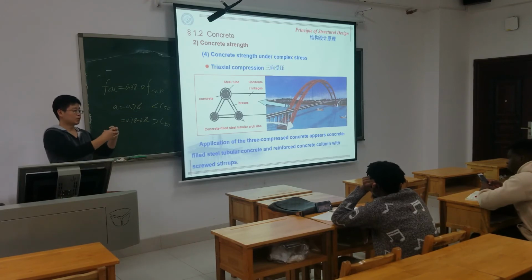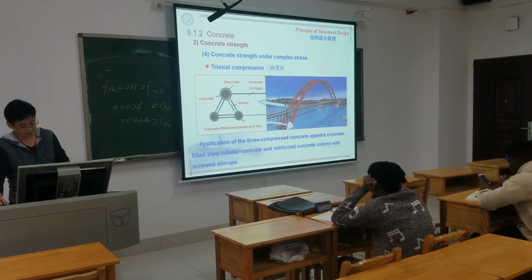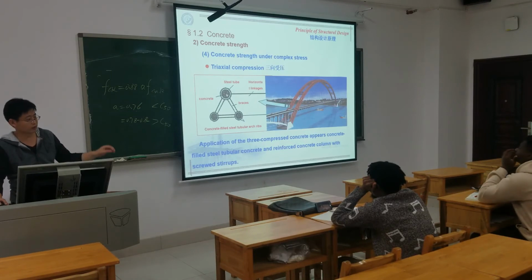Sometimes we get an empty space or hole inside, so it cannot reach the ideal situation we think. We want the tube to be filled totally by the concrete, but sometimes maybe the hole is not so good.